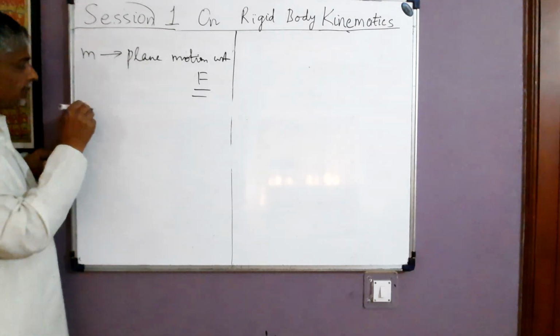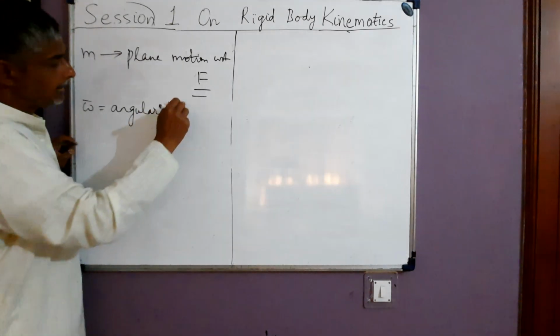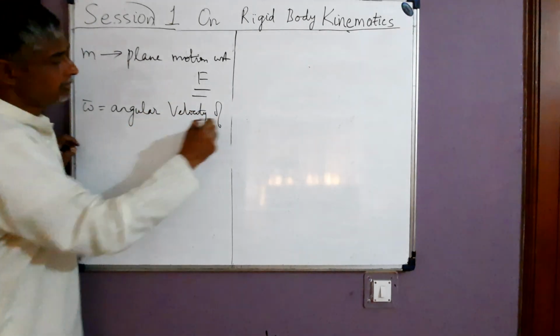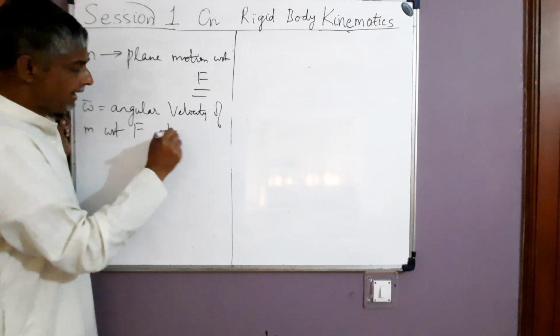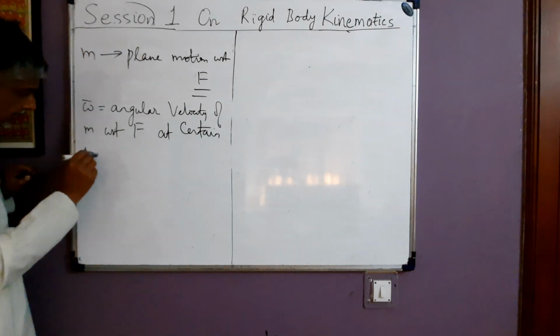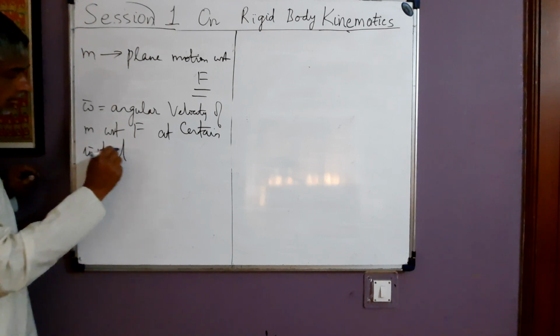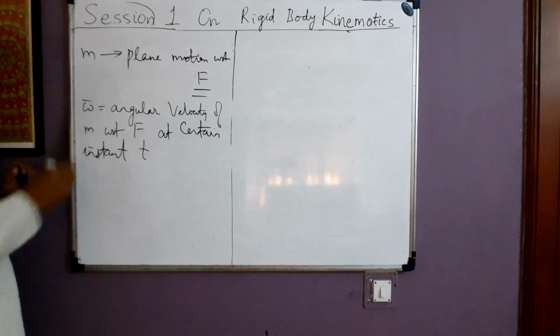So let omega be the angular velocity of M with respect to F at a certain instant t. So omega is what?